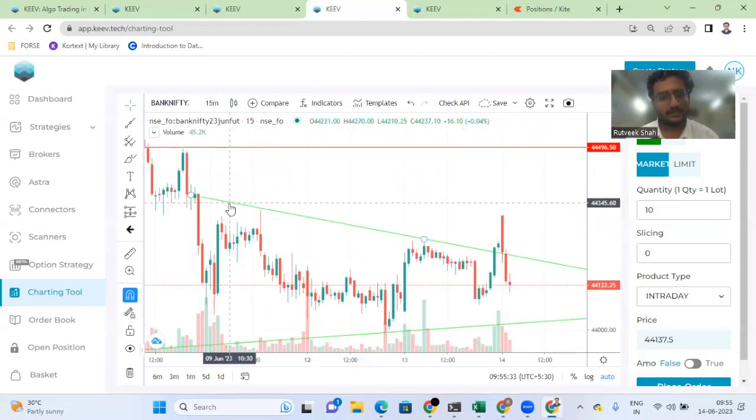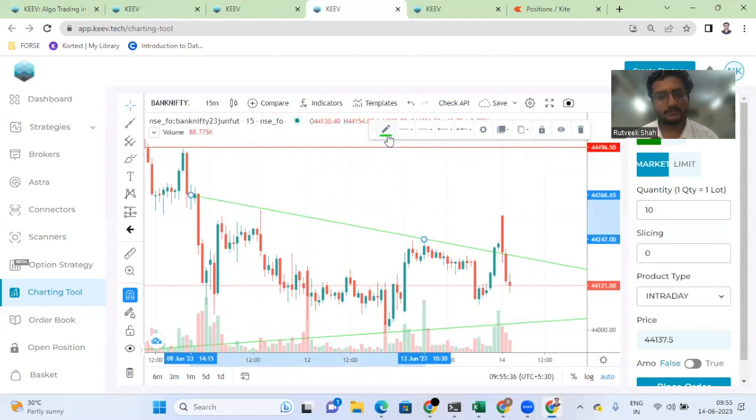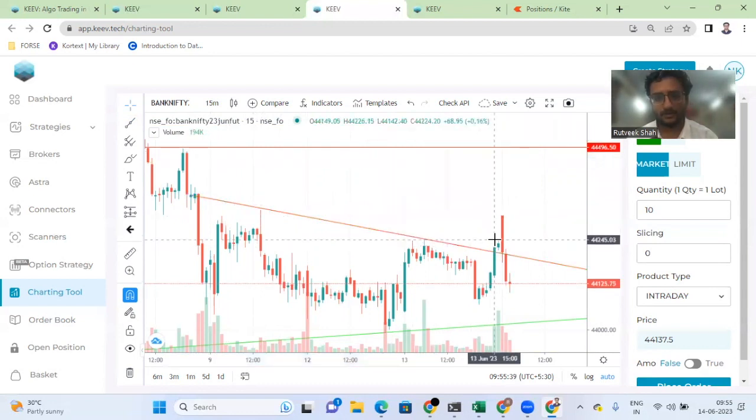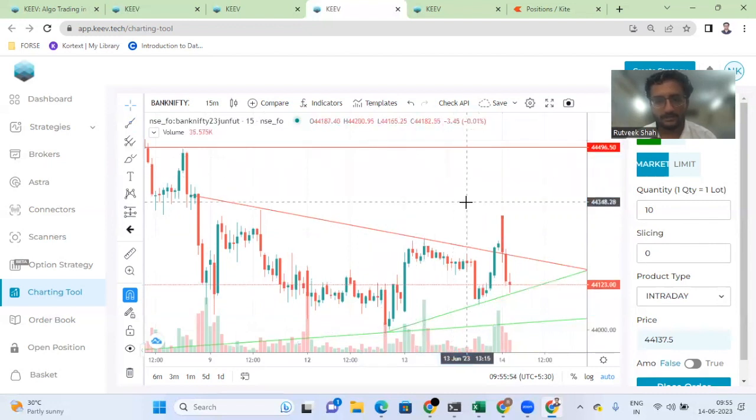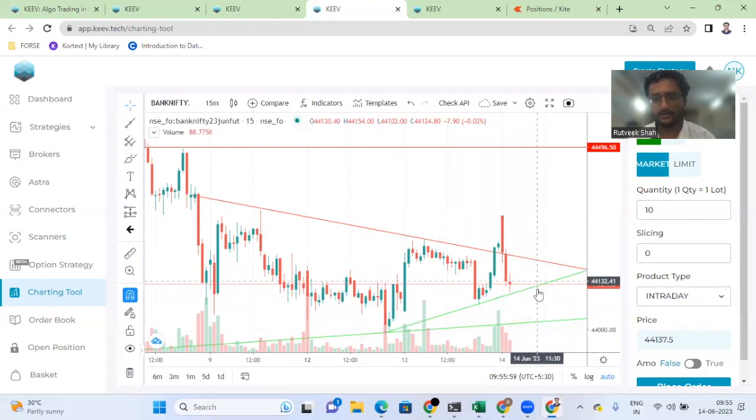As you can see, the Bank Nifty tried to break this resistance trend line and it broke it with yesterday's closing, but the same trend wasn't maintained, and there is a short-term supporting trend line here in the 15-minute candles. Let's see if this is being maintained properly, and if it is, then we can see short-term bullish momentum following. So this tells us that again 44,000 is a very important level for Bank Nifty.